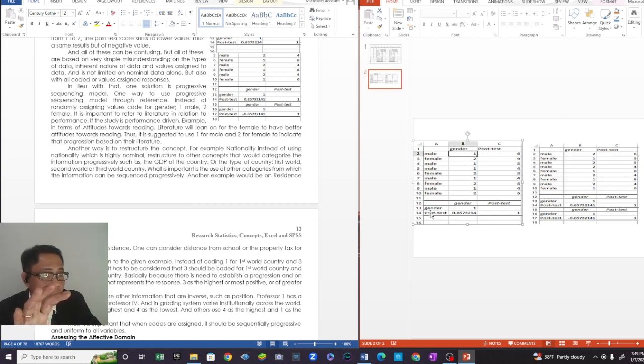And we have to be careful, we are using highly nominal information. For example, we changed that, we coded it differently, like 2 for male and 1 for female. Notice that with the same data, the same results, the 2 has lower scores than the 1s.